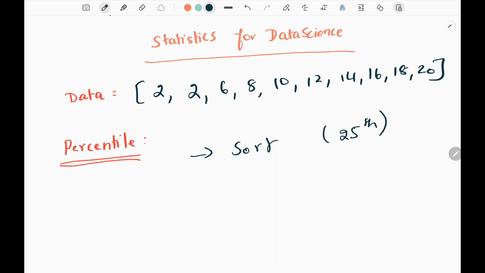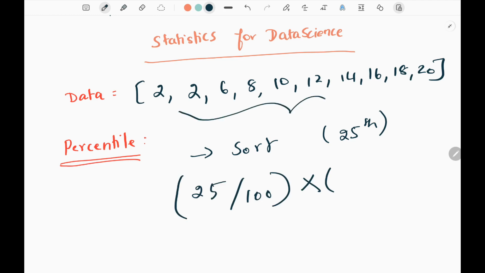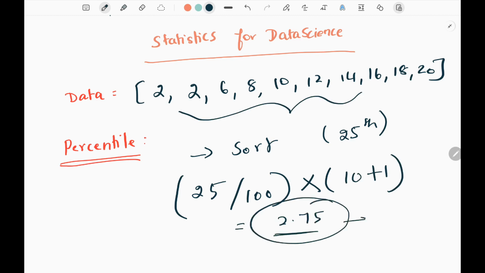So to calculate 25th percentile, I need to divide 25 by 100 and then I need to multiply with the number of values in the data, which is nothing but 10 plus 1, right? So if I calculate this, I'm going to get 2.75.